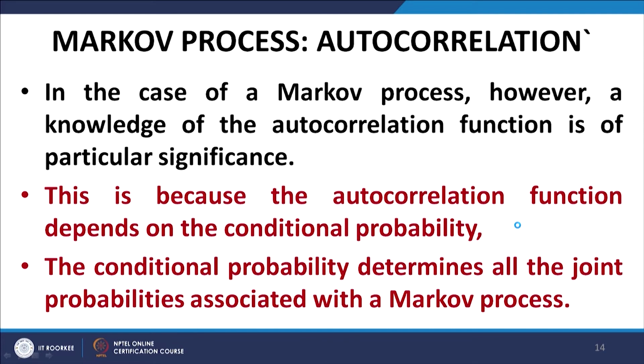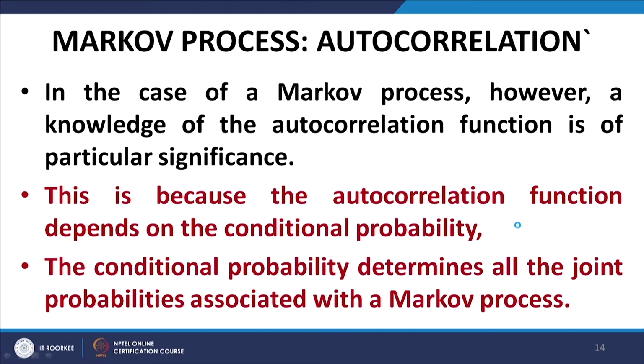For Markov processes, the autocorrelation becomes all the more important. Recall, what are Markov processes? Markov processes are those processes where the memory is confined to the immediately preceding state. So, in the case of Markov processes, the autocorrelation function has special significance, because it depends on the conditional probability, and the conditional probabilities determine all the joint probabilities, and the joint probabilities are what we want ultimately, because our path probability is a sequence of joint probabilities.